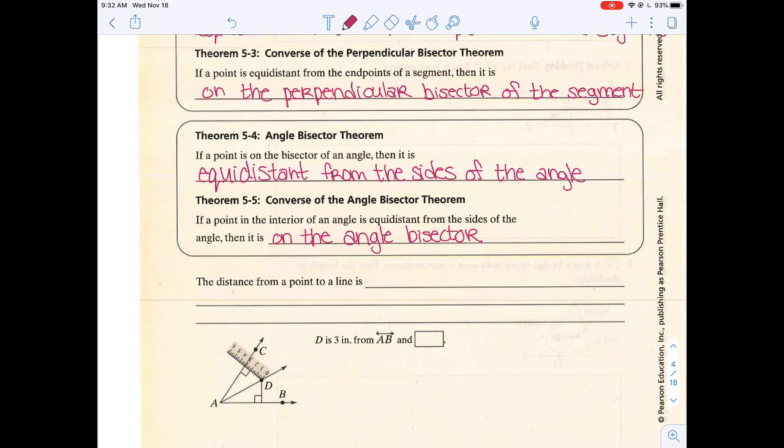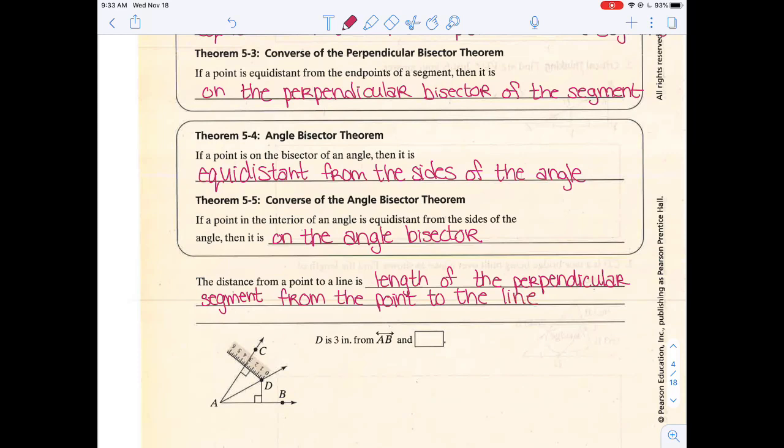So the distance from a point to a line is the length of the perpendicular segment from the point to the line.